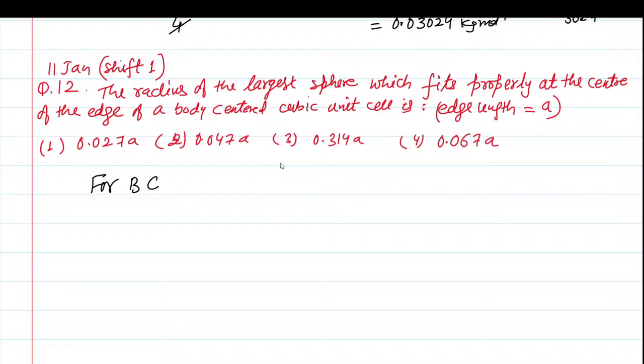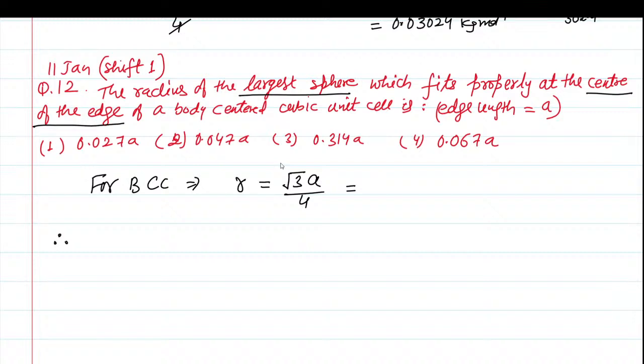You know, for BCC, the radius of the atom is equal to under root 3a by 4. You can take it as small r. The radius of the sphere is under root 3a by 4 in actual. So we have to calculate the radius of the largest sphere which fits properly at the center of the edge.